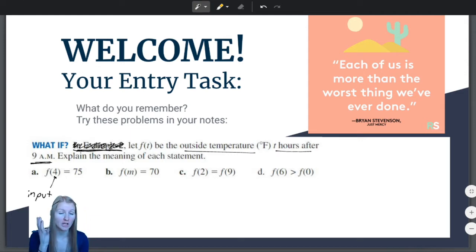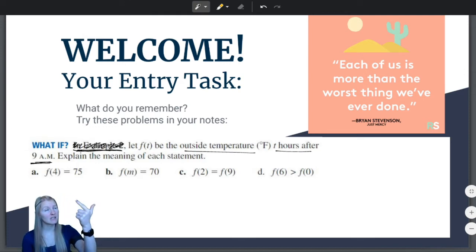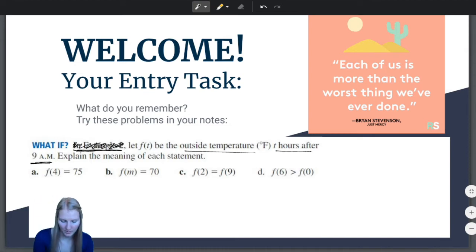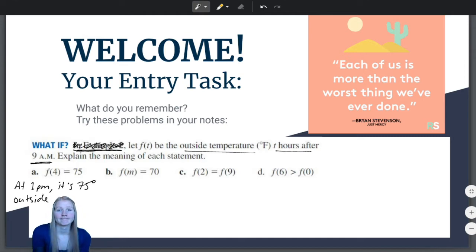That means we're talking 4 hours after 9 a.m. So 4 hours after 9 a.m. is 10, 11, 12, is 1 p.m. So at 1 p.m., it's 75 degrees outside. That's what f of 4 equals 75 means. At 1 p.m. it is 75 degrees outside.